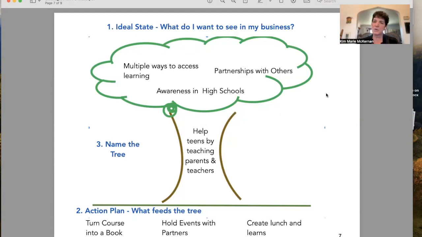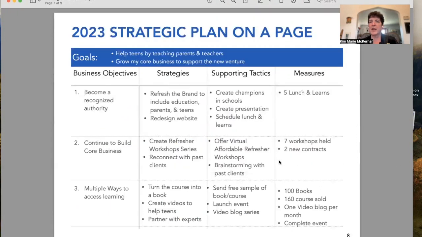So here are some goals at the top, actions to meet those goals, and then we map those into a plan on a page, where we were able to identify objectives, strategies, tactics, and specific measures.